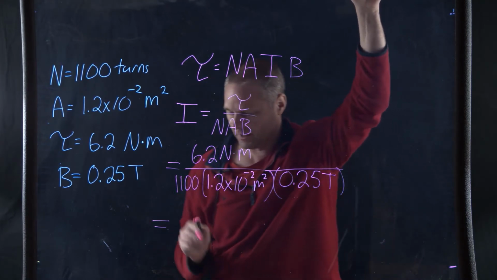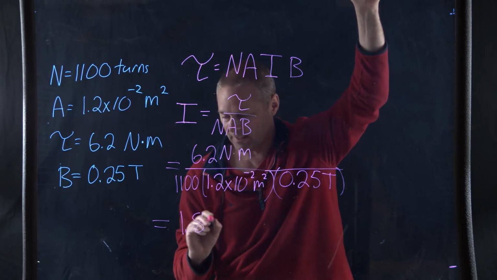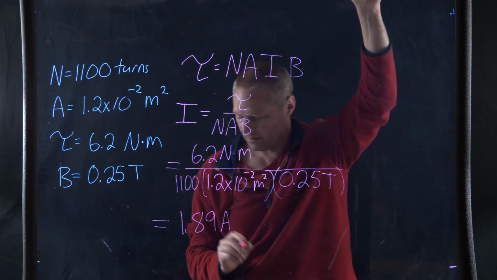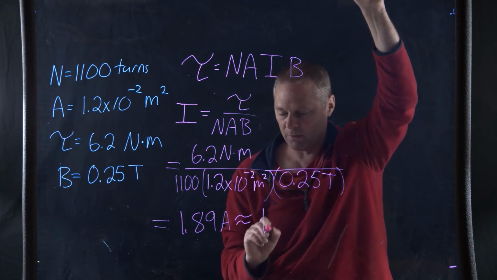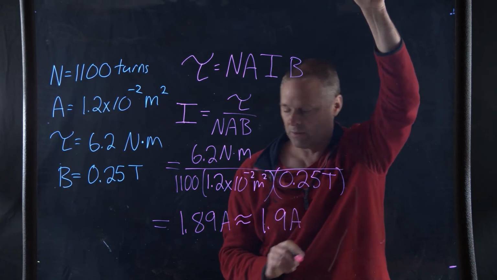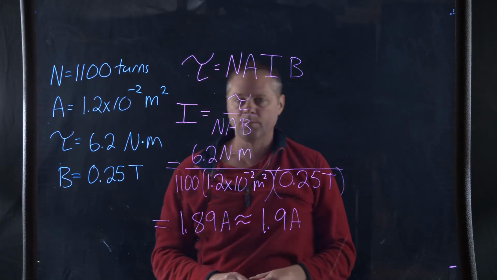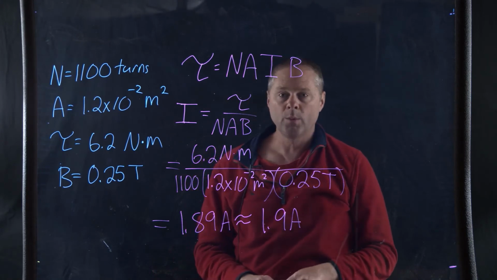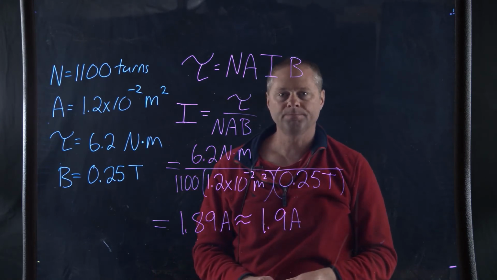We do the arithmetic here, and we end up getting 1.89 amperes. Or we can say that's approximately equal to 1.9 amps. And so the current that this electric motor is going to draw will be 1.9 amps.